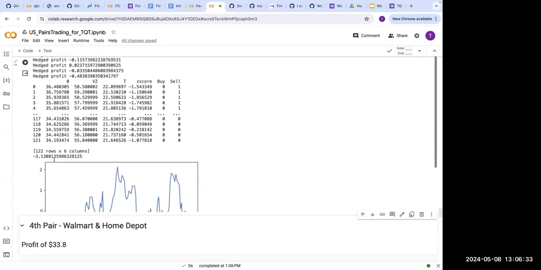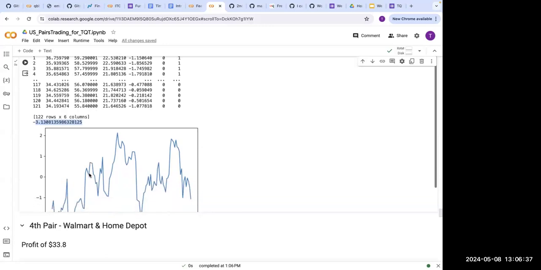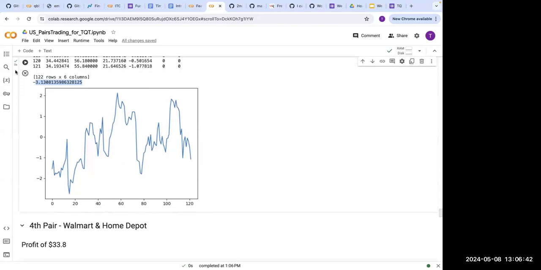The hedged profit here is -3, which means you made a loss. You can also see this z-score plot. This plot indicates that it wasn't really a very good correlation. This whole region was basically a positive value, so it's a continued trend. It's not reverting to zero frequently as it should, so it's not something that you can make arbitrage on.